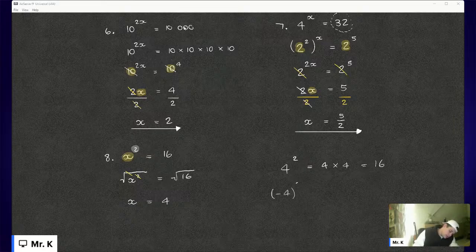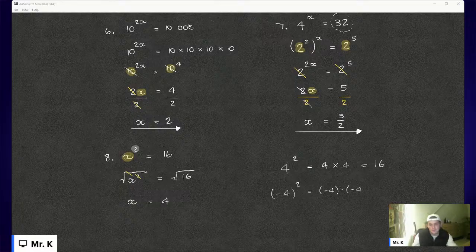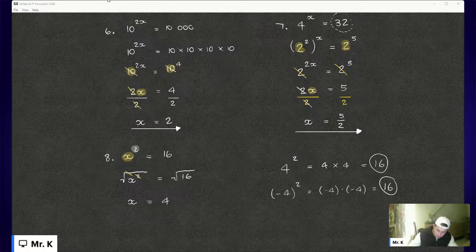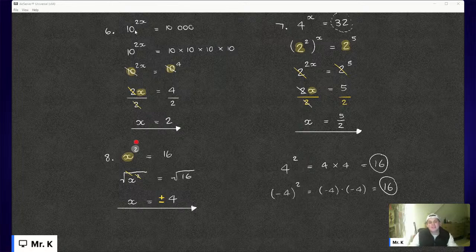I have negative 4 times negative 4, which still gives me a positive answer. So whenever I square root a positive value in my last step of an equation, you need to write down a plus or minus symbol in front of it. The answer is plus or minus 4, because both positive and negative 4 can be put into x's place to make this equation true.